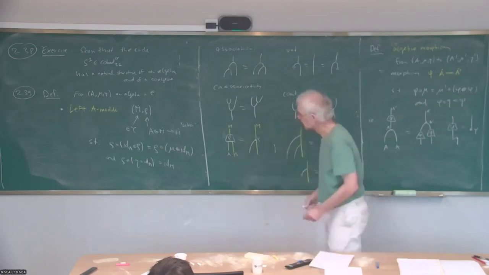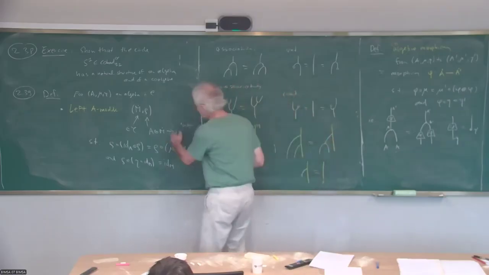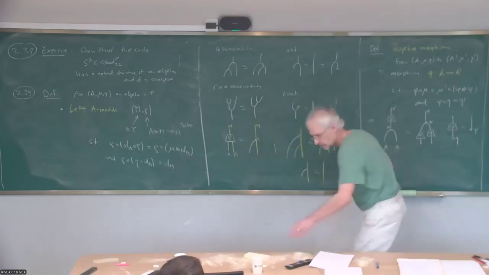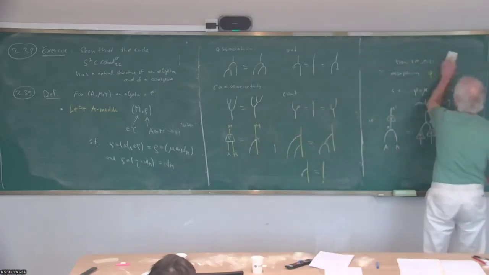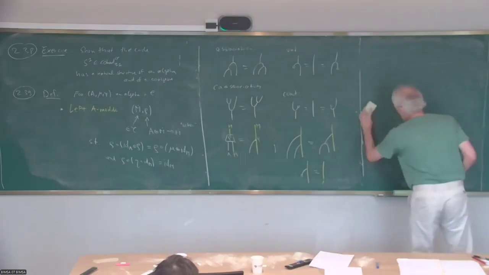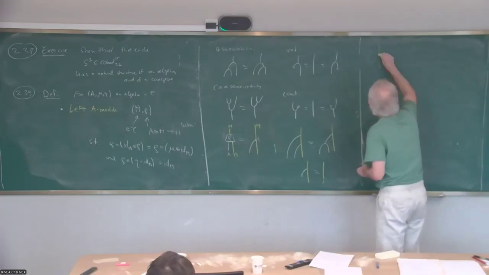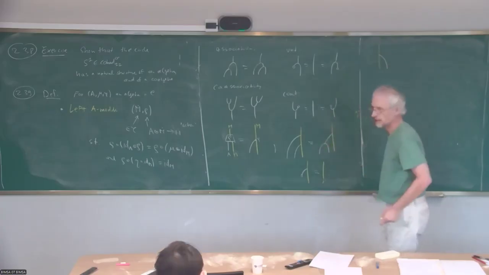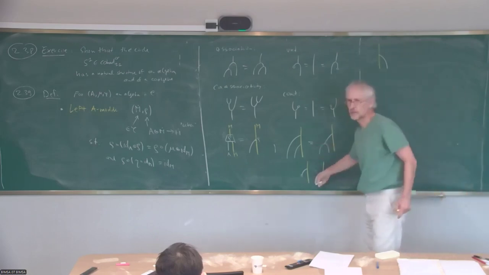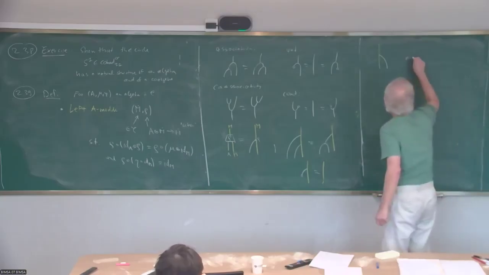In the same way, you can define a right module where you just have A on this side and then the graphical description will be like that. So you just reflect at a vertical line, and then the requirements are obtained from these by reflecting also. But this would be a right module.